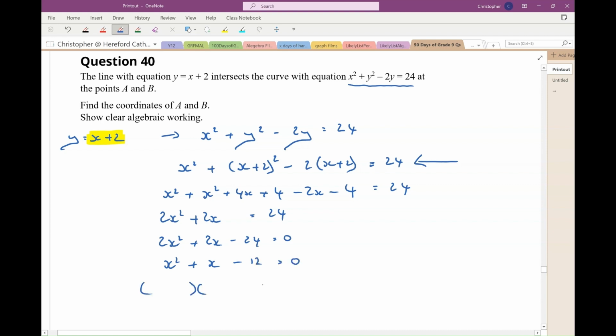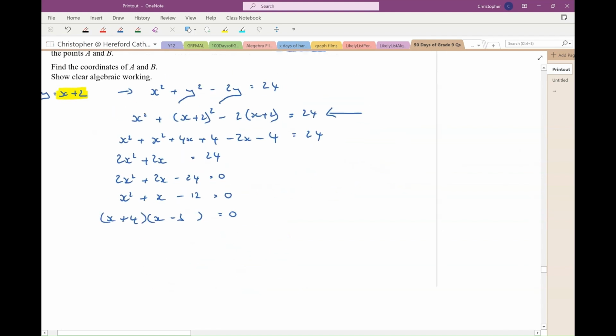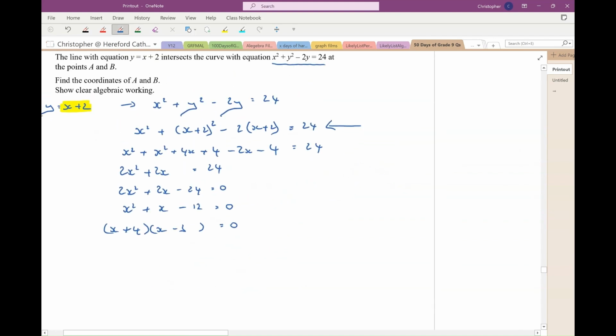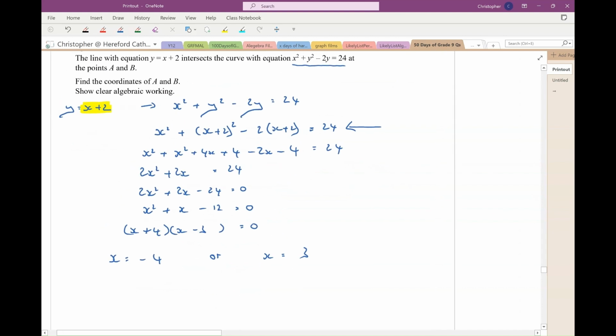Factorise. x and x, plus 4, minus 3. So I'm going to get two values for x. x equals minus 4 or x equals 3. Now each of those values of x will have a corresponding value of y, and here's my formula for y. So y is x plus 2.